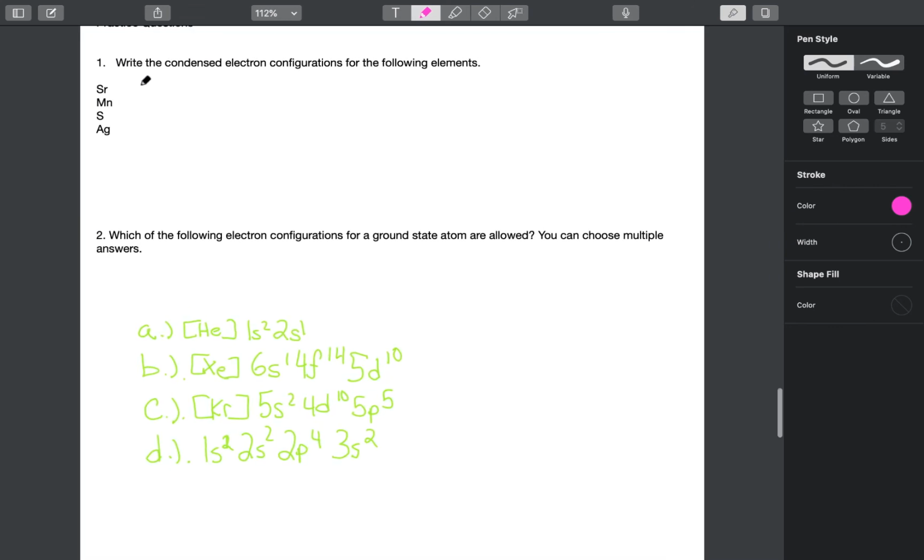The first is strontium. Strontium has a noble gas core of krypton, and the outer shell electrons fill the 5s subshell with 5s2. So this would be the electron configuration for strontium.